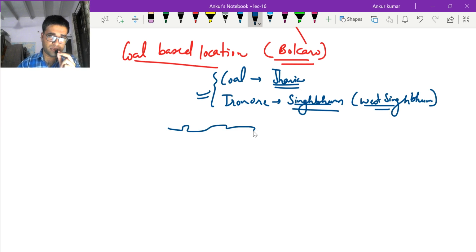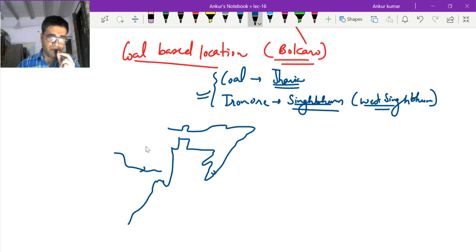So the industry is something like that. This is eastern India, this is the Damodar river here. This is the Jharia coal fields. Here it is Singhbhum.